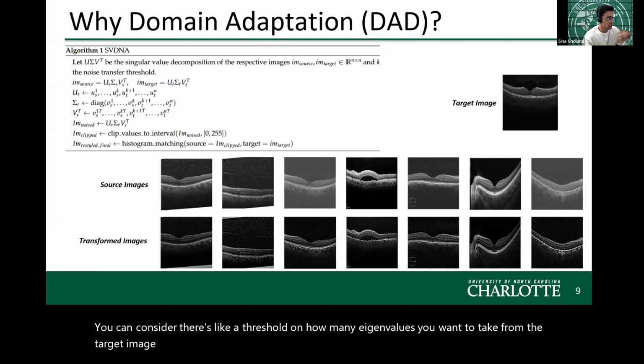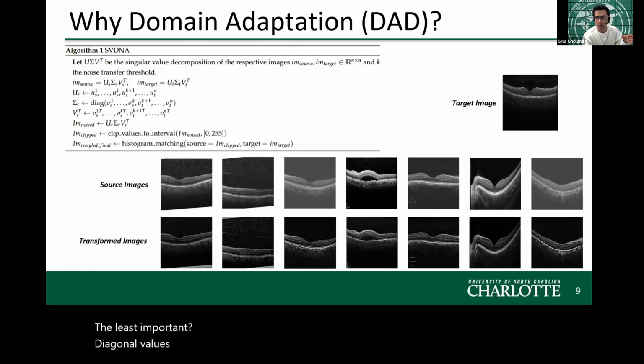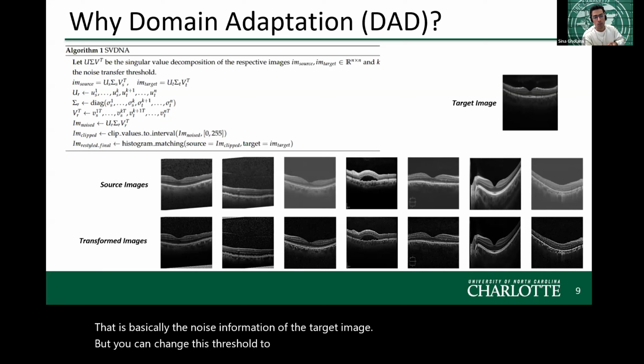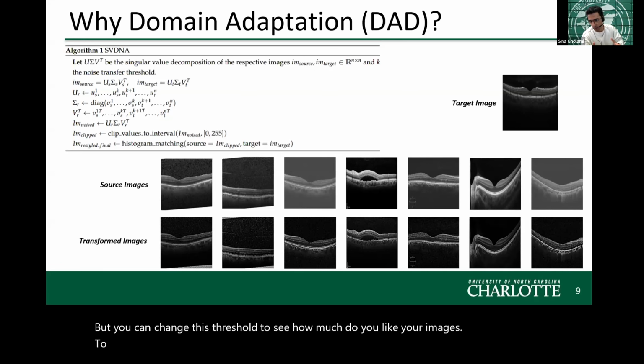Because the algorithm says we remove the least important diagonal values of the SVD from the source image and replace them with those of the target image. That is basically the noise information of the target image. But you can change this threshold to see how much you would like your images to adapt to the target image.